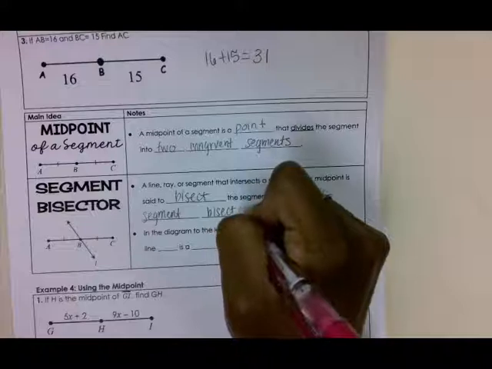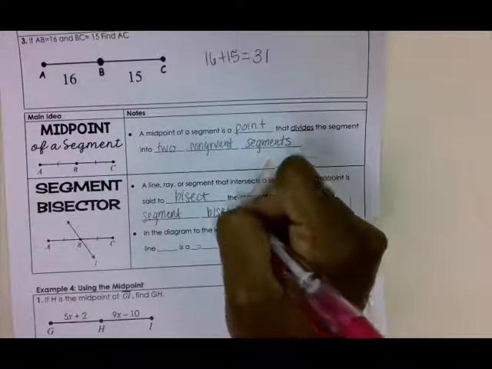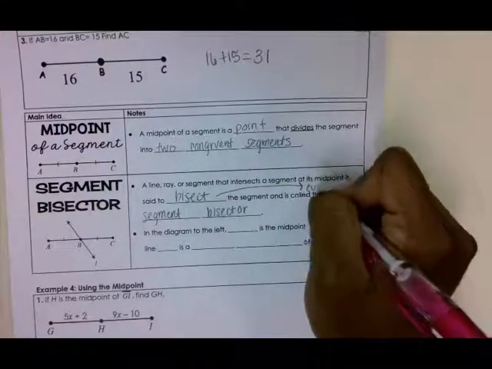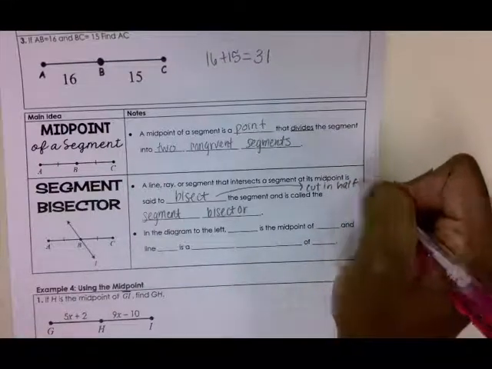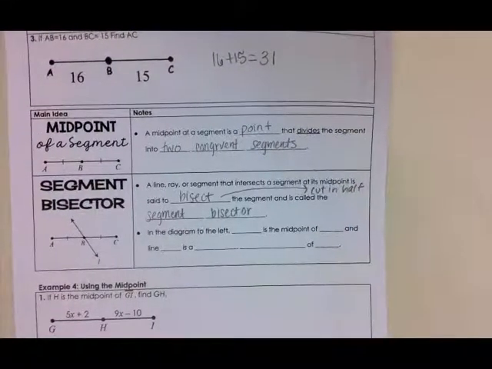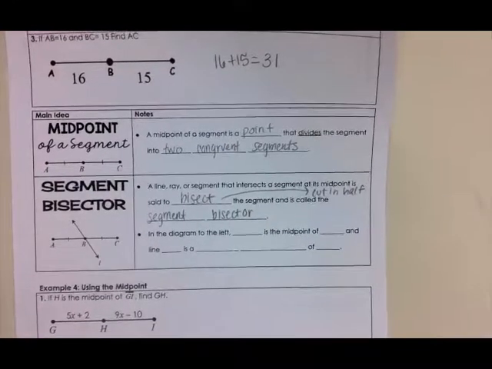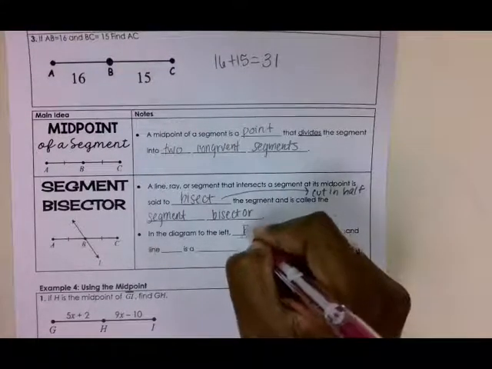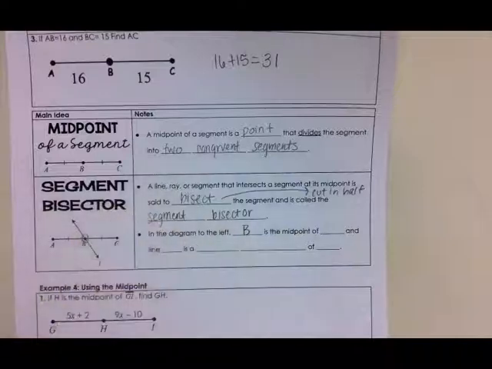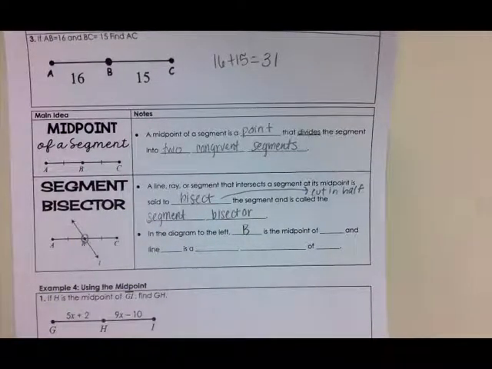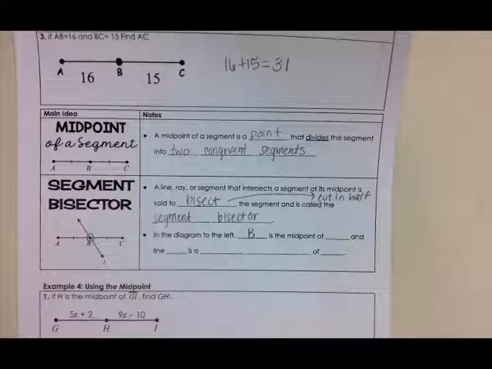So the thing I want you to remember about bisect, it means to cut in half. Cut in half. So, in this diagram to the left, B is our midpoint. It's in the middle of the segment. It cuts it into two congruent segments.